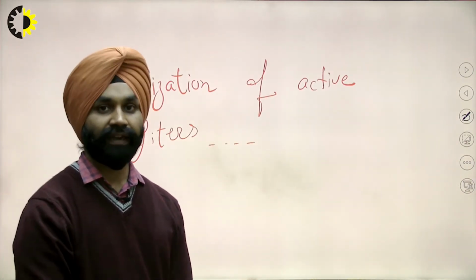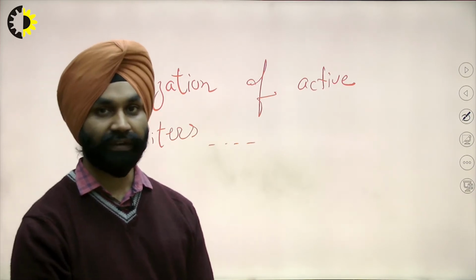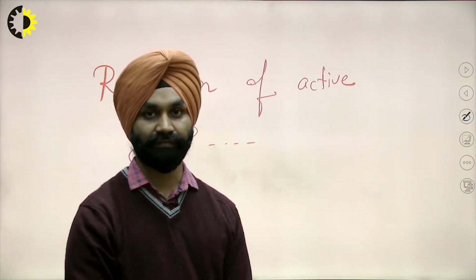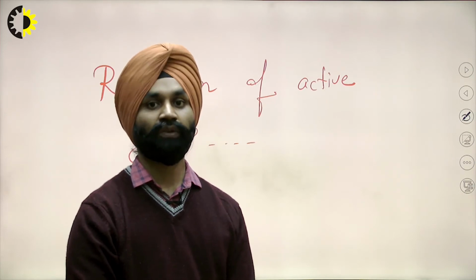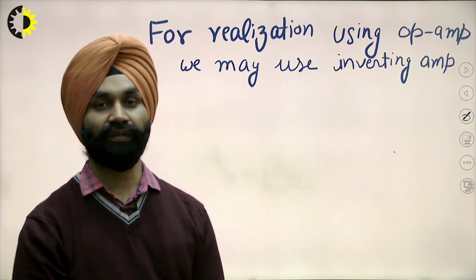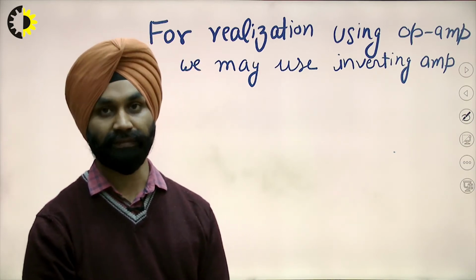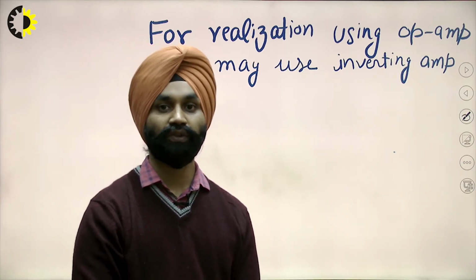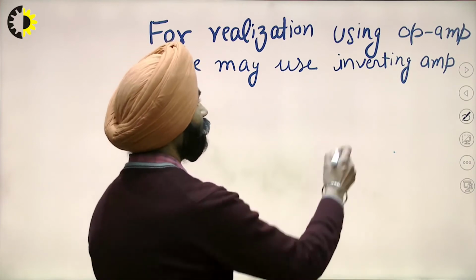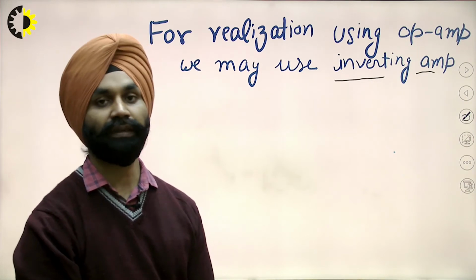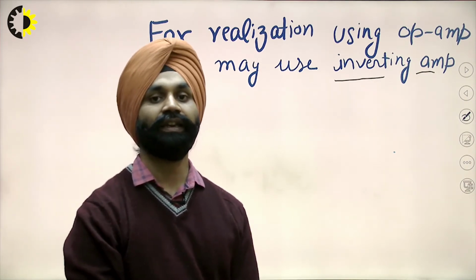Now, how can we realize this filter or this transfer function in active filters? To realize these filters, first of all, let's suppose we are using op amps. Now, we are using the op amp in an inverting form. Inverting form means we are giving it negative feedback.